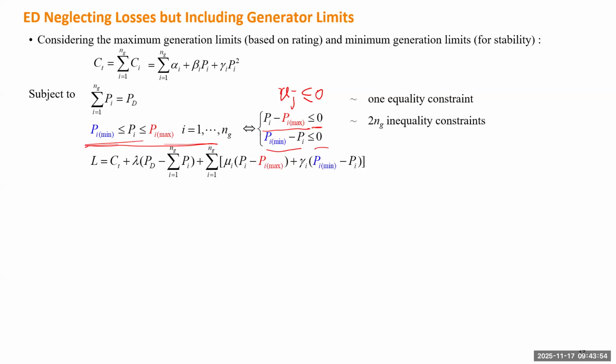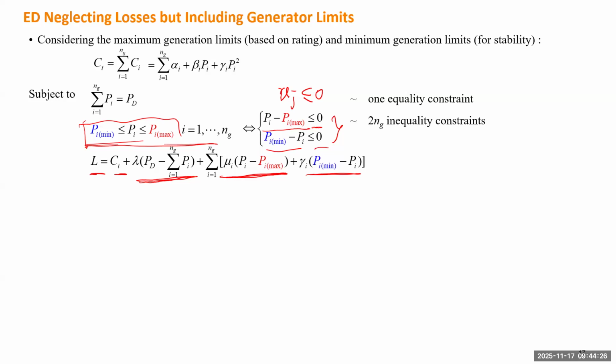So next step, we create the L function, which has the original cost, the penalty due to the equality constraints, the penalty due to the inequality constraints about the upper limits, and the penalty due to the inequality constraints about the lower limits. Because each such equation corresponds to 2 inequality constraints. So finally, how many multipliers do we need to introduce?